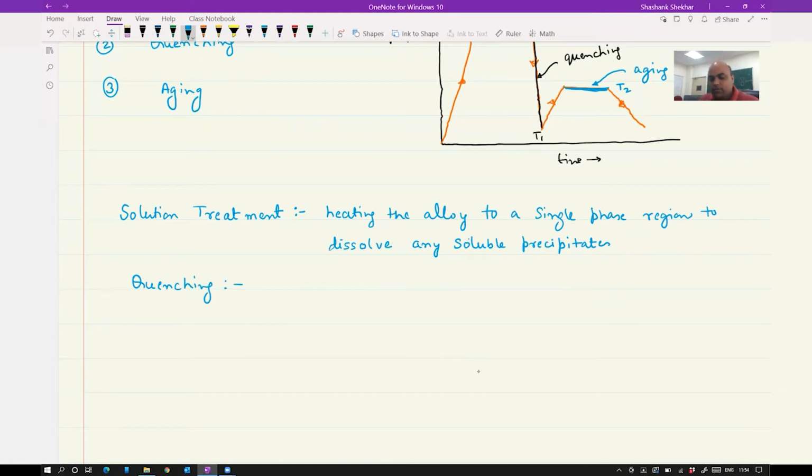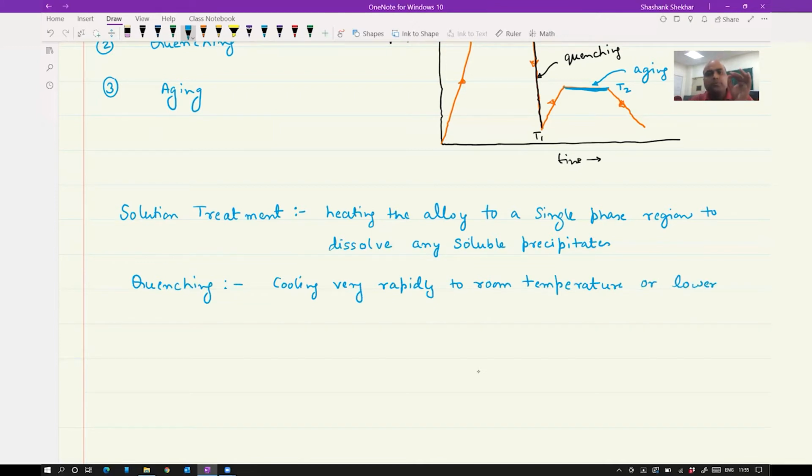Okay. So after solution treatment, we are going to cool the sample, okay, very rapidly, to room temperature or lower.